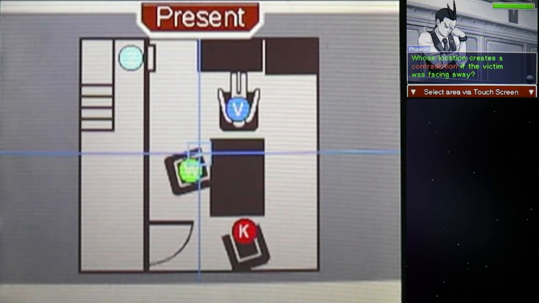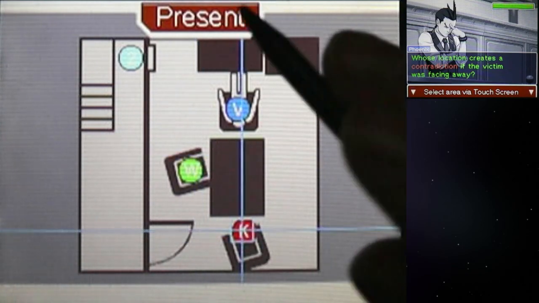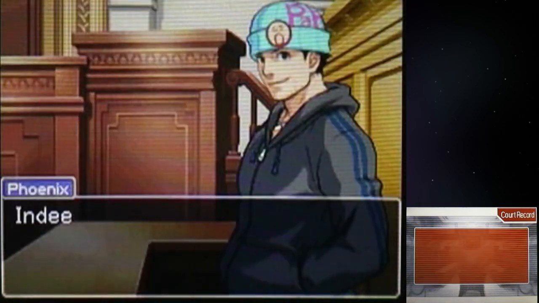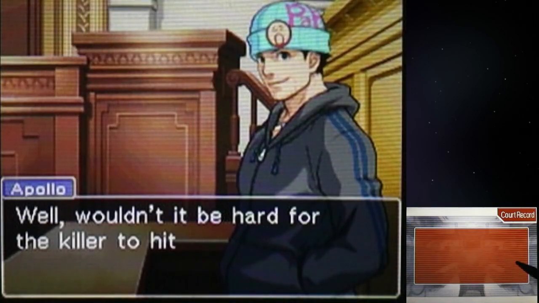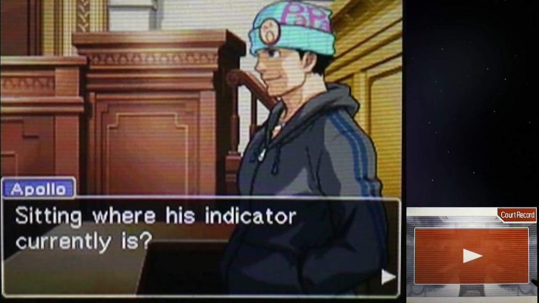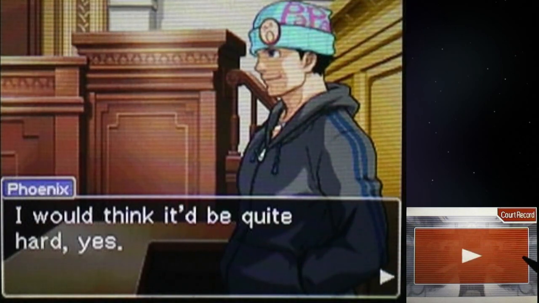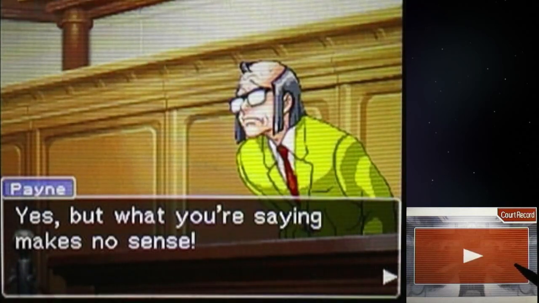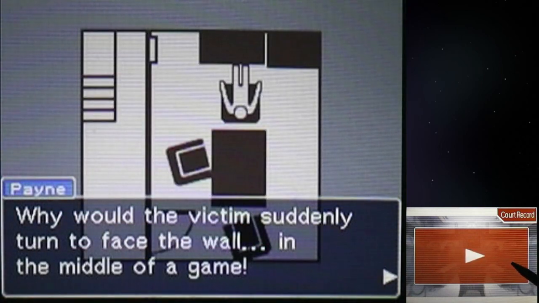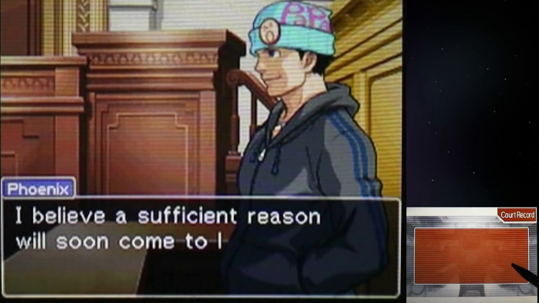Well, basically all of them. But I'm assuming you refer to the killer, right? The victim was struck from the front, correct? Indeed. Well, wouldn't it be hard for the killer to hit him from the front, sitting where his indicator currently is? I would think it'd be quite hard, yes. Yes, but what you're saying makes no sense. Why would the victim suddenly turn to face the wall in the middle of a game? I believe a sufficient reason will soon come to light.